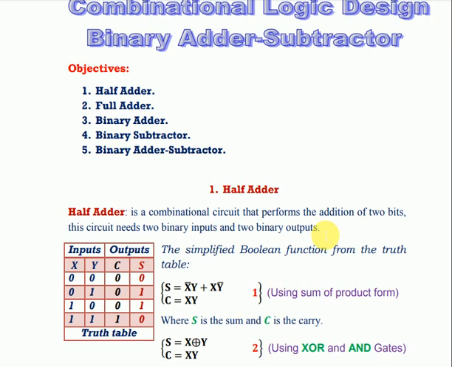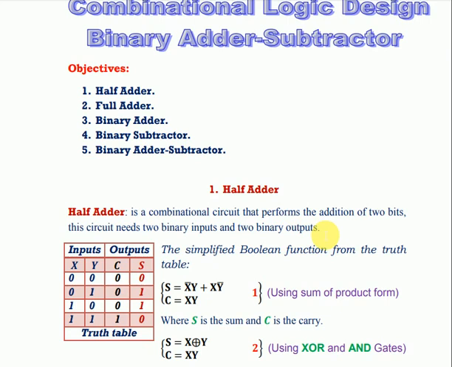When we do the binary addition, we get the combinations 00, 01, 10 and 11. From this truth table, you may see that when we add 0 and 0, we get the result 0, so sum is 0. When we add 0 and 1, we get the result 1. Sum is 1.